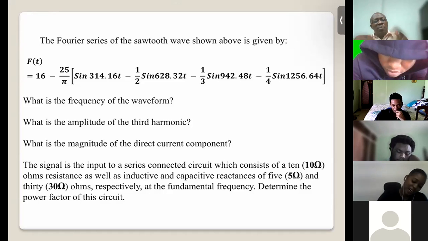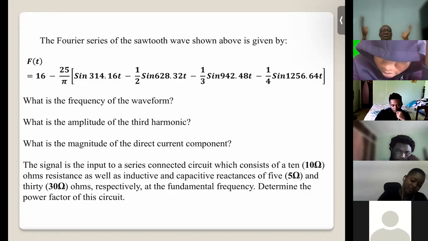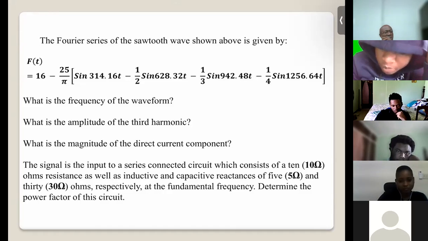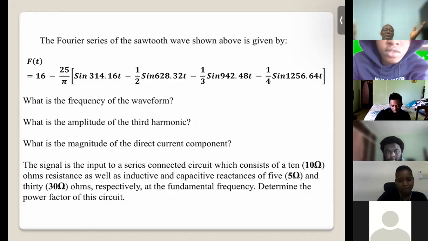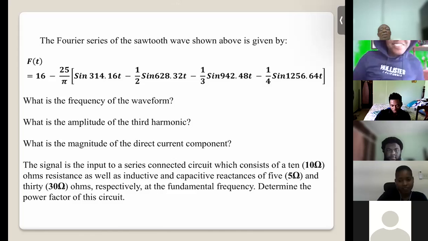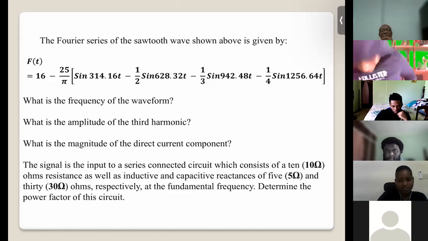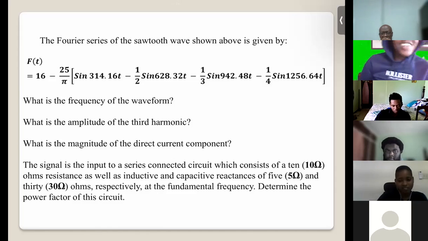So now that we have the amplitude of the third harmonic, what is the amplitude of the DC? What's the magnitude of the DC component? Mr. Miller, you know me, I go call on you. What's the magnitude of the DC? Just look at the screen, man.